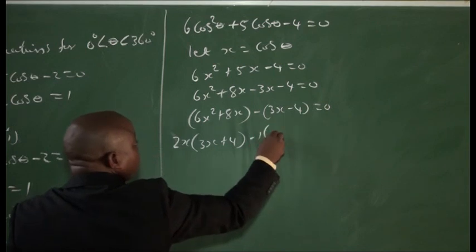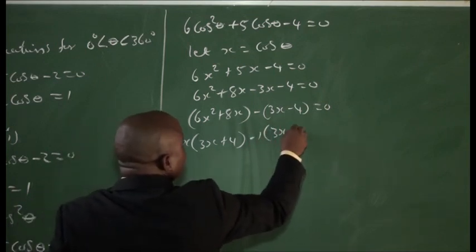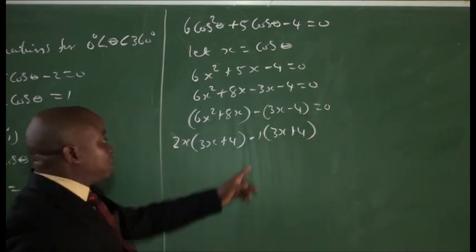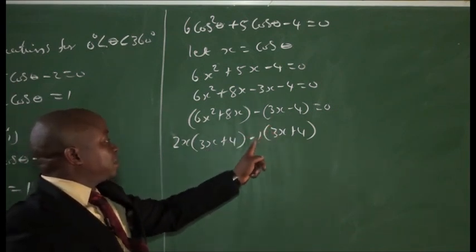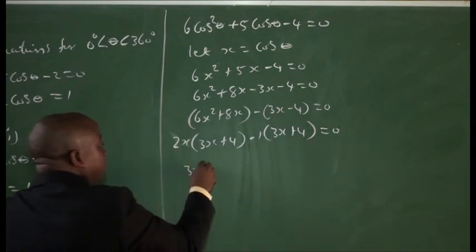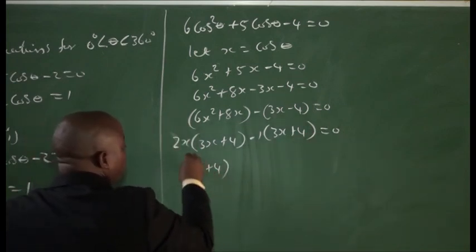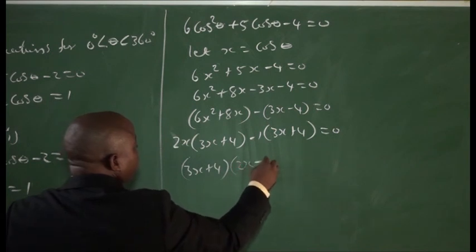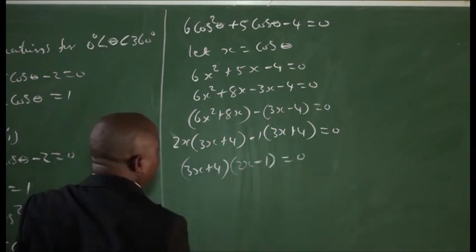Then minus, of course, 1 here will be 3x plus 4, because this time this gives me back minus 3x, and this time minus 4 equals 0. Which means 3x plus 4 and 2x minus 1 equals 0.